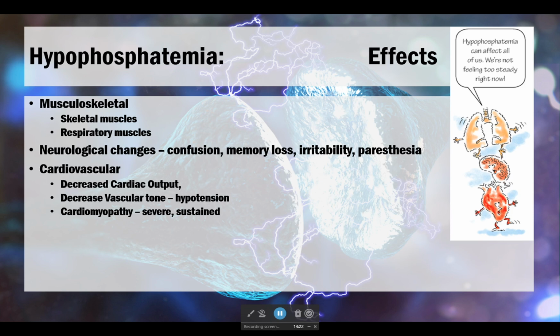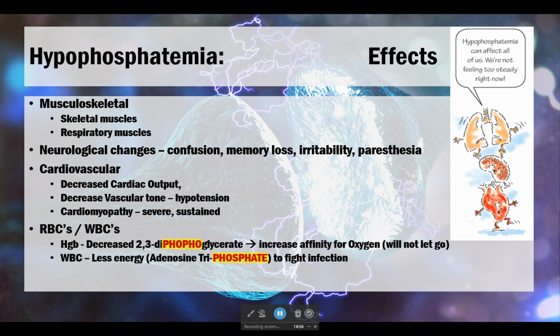But remember, as with most electrolytes, patients may not have symptoms when the electrolytes are mildly low. Symptoms usually start to present when the electrolytes are moderately or severely out of balance. That said, we have to tune into these things and pay attention to changes in blood pressure and changes in cardiac function.